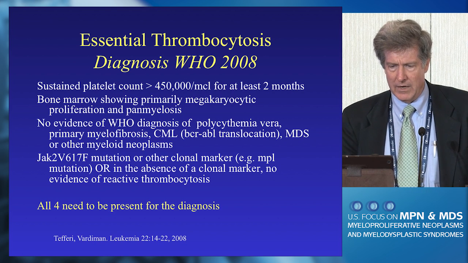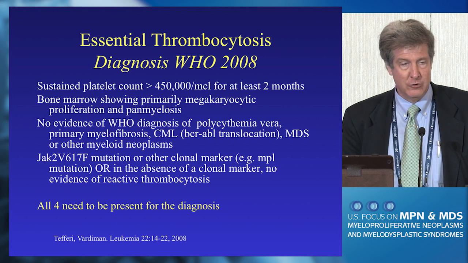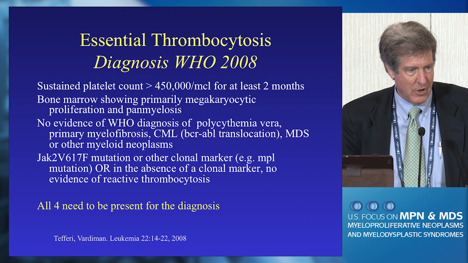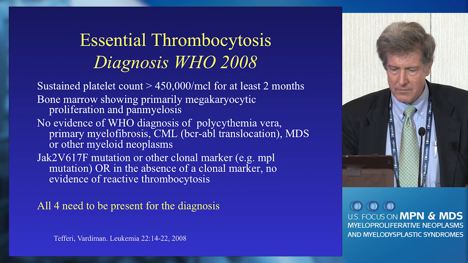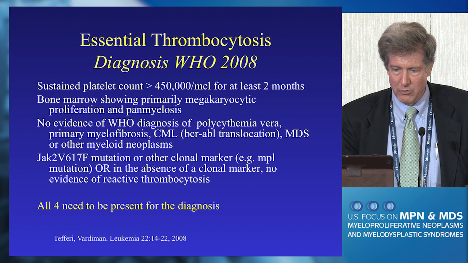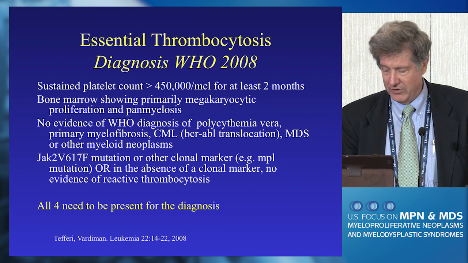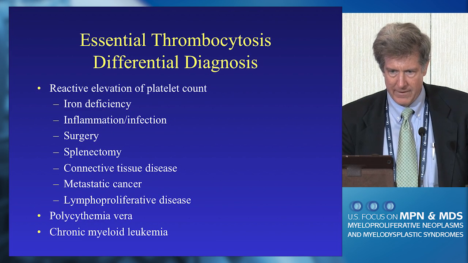Bone marrow showing panmyelosis, exclusion of other MPNs, including CML and polycythemia vera, the finding of a JAK2 mutation or other clonal marker, or in the absence of a clonal marker, no evidence of reactive thrombocytosis, and all of these needed to be present to establish the diagnosis.